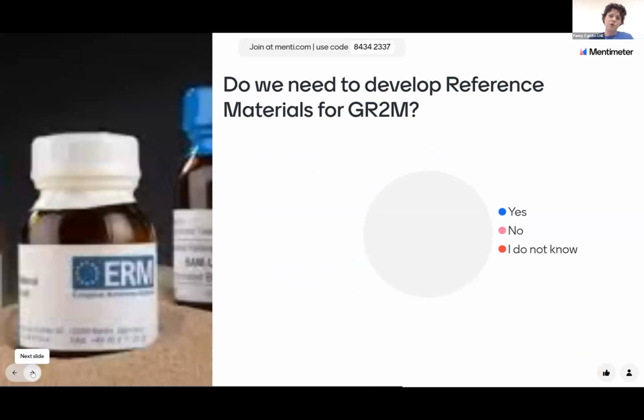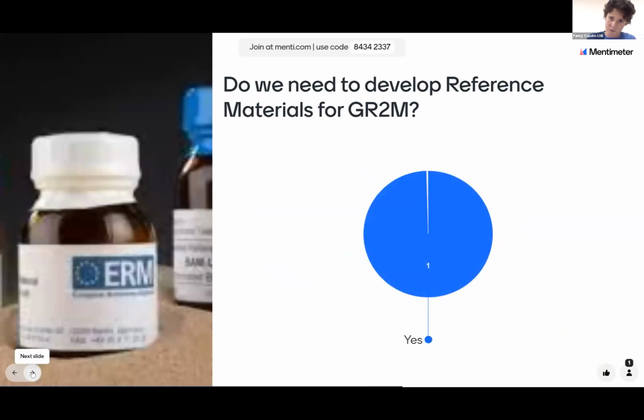Now, before we were thinking about developing standards in terms of methods and protocols, here the question is, do we also need reference materials? To my knowledge, at the moment, there are no graphene-related reference materials.